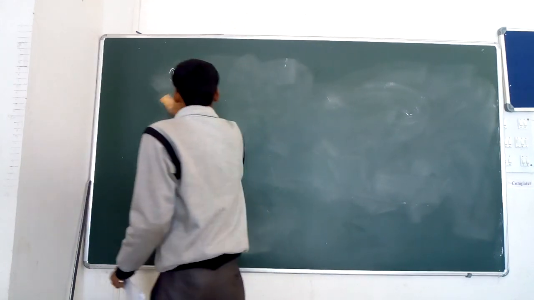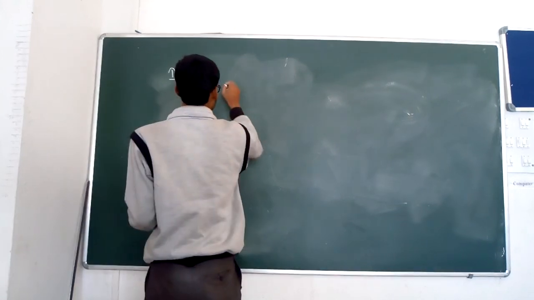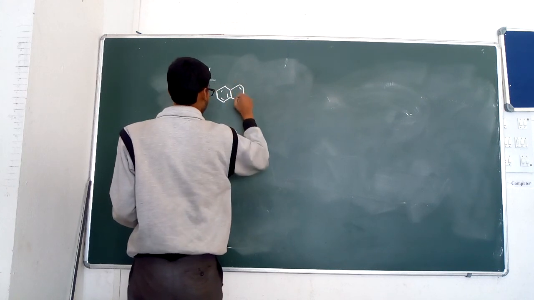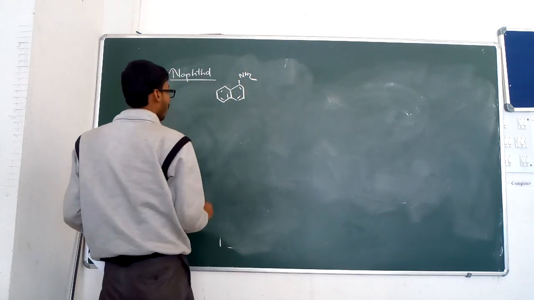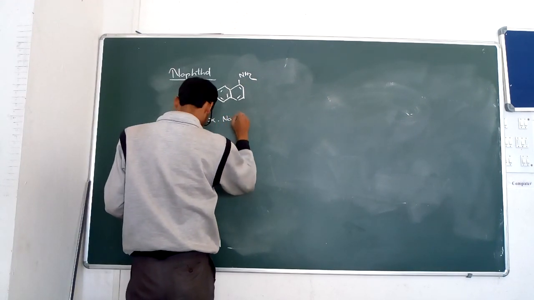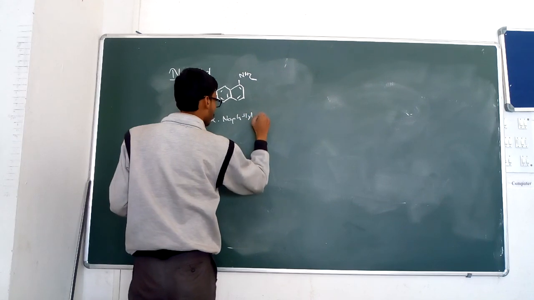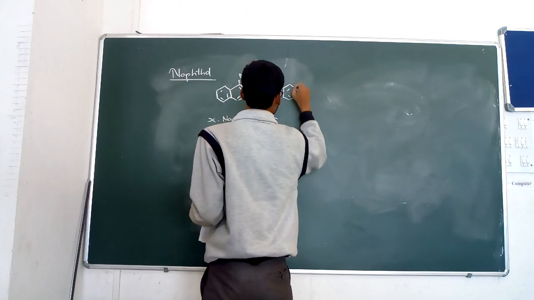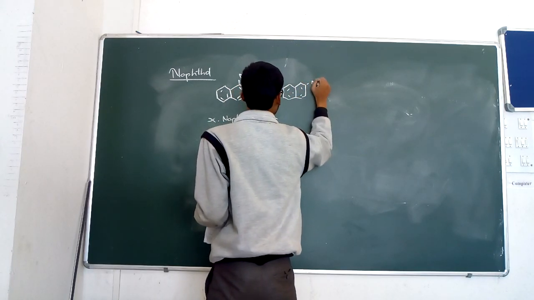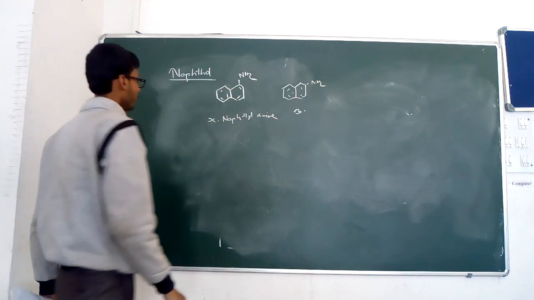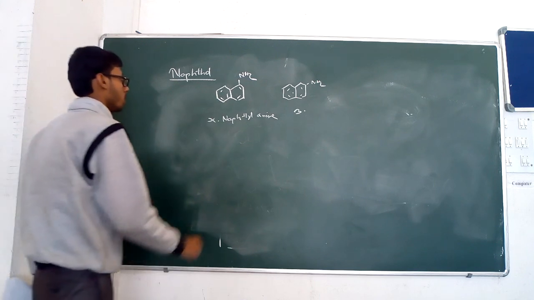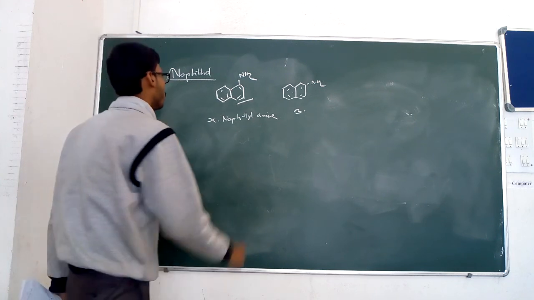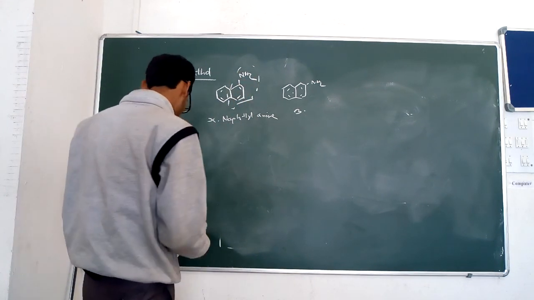If you see the structure of naphthylamine, at the C1 position it is alpha naphthylamine, and at the C2 position it is beta naphthylamine, and its chemical reactions are like those of an aniline group.